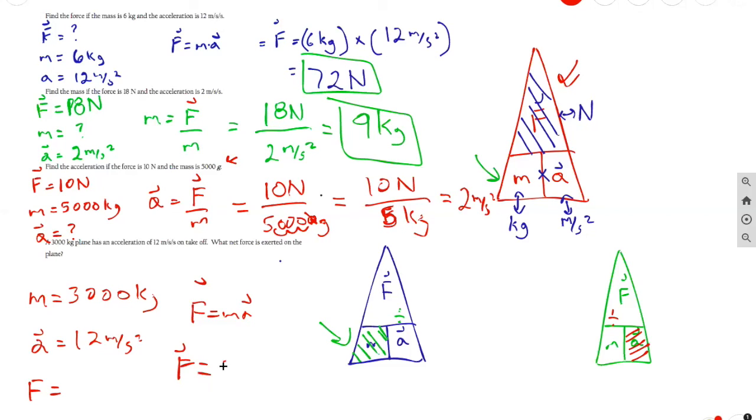Force equals 3,000 kilograms times 12 meters per second squared. And that's going to be 36,000 newtons.